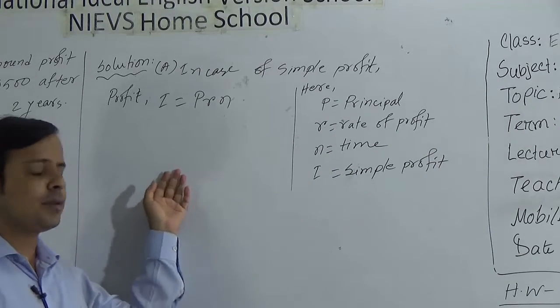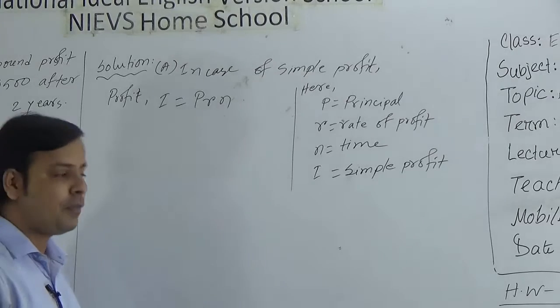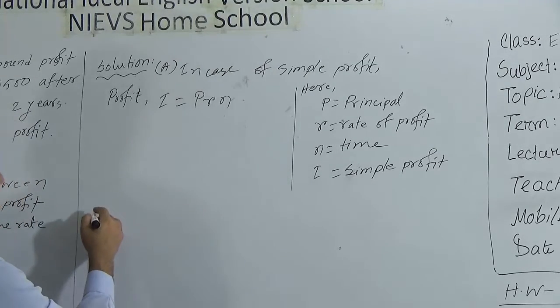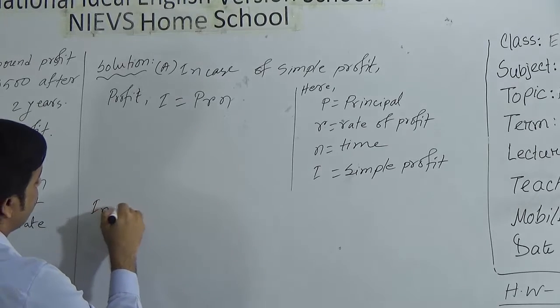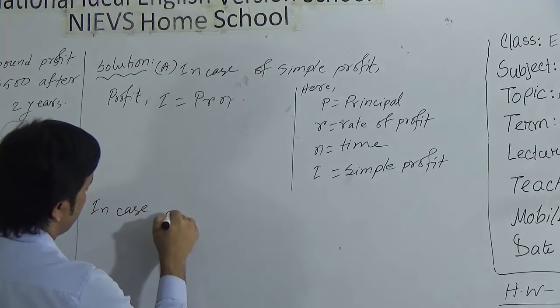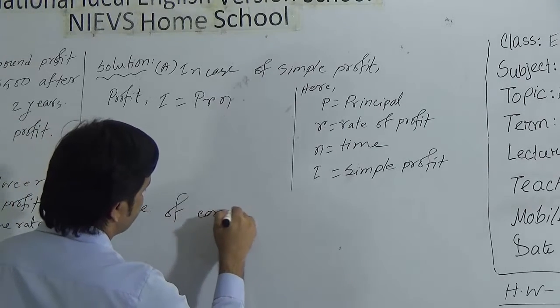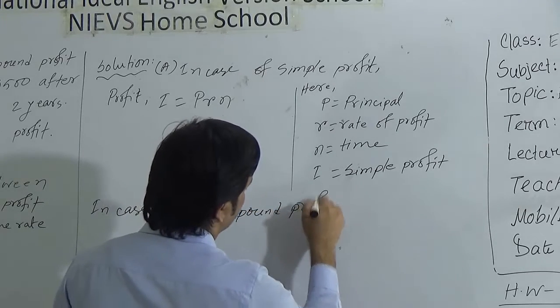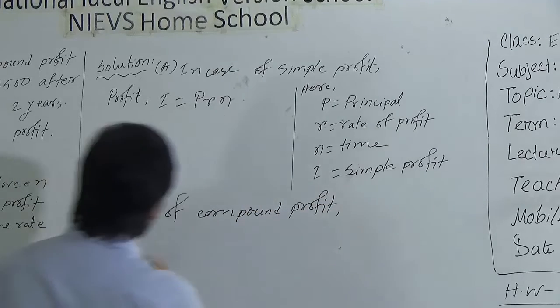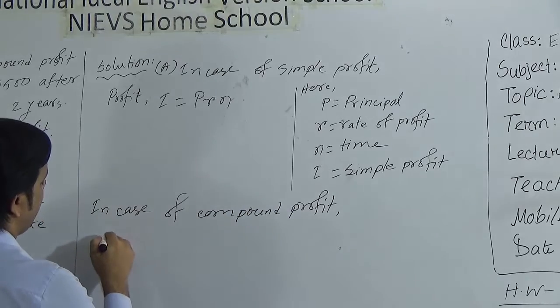In case of simple profit, I have written the formula for profit. In case of compound profit, now I will write the formula for profit. So we can write here compound profit.